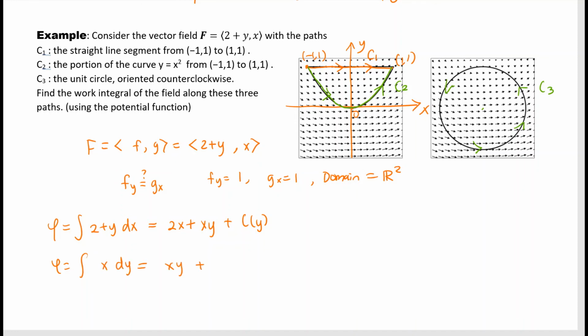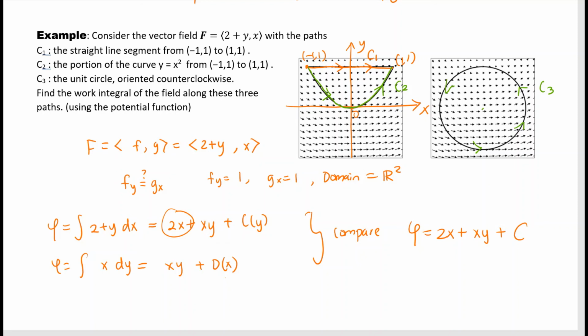We have xy plus a function of x. Now we compare. See? xy, check. There's no other function of y there. So we can get phi is 2x plus xy plus a constant. So we don't have a function of y there because here there's no y.